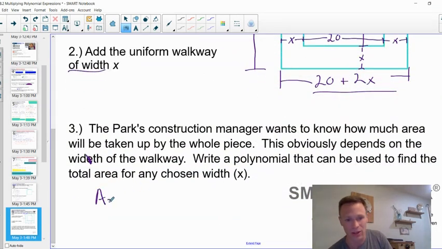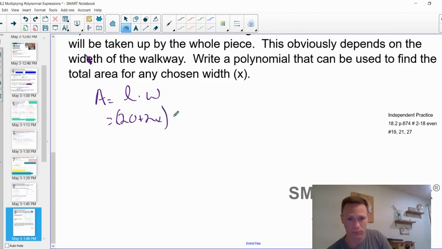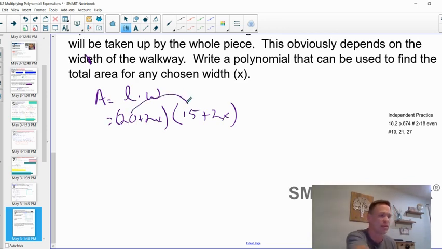So the area then becomes, again, the length times the width. And we've just written expressions for the length and the width. So the length is 20 plus 2x, and the width is 15 plus 2x. This is the same as the last problem, right? We just have to do some multiplication, and we're done. So 20 times 15, that is going to give me 300.